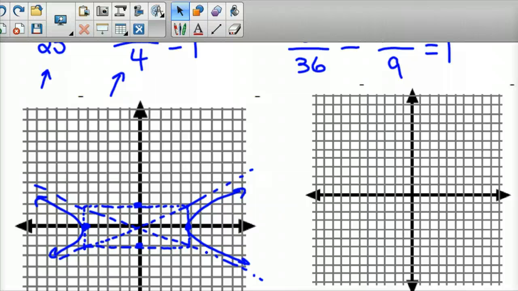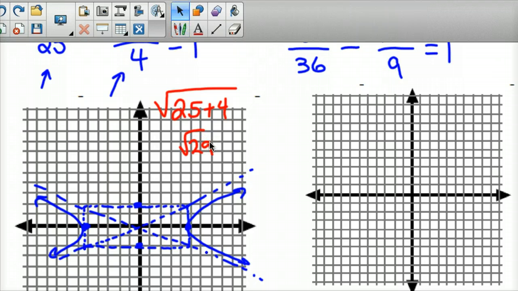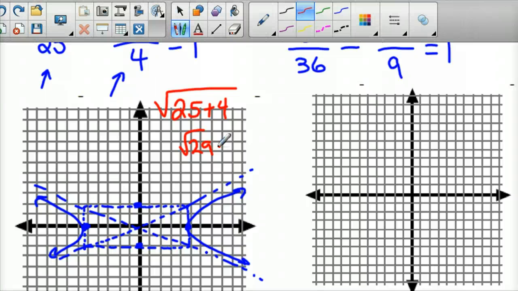And then your foci, those 2 points that we were finding before, can be found by adding the 2 and just take the square root of 25 plus 4, which is the square root of 29. Okay, square root of 29 is about 5.4.